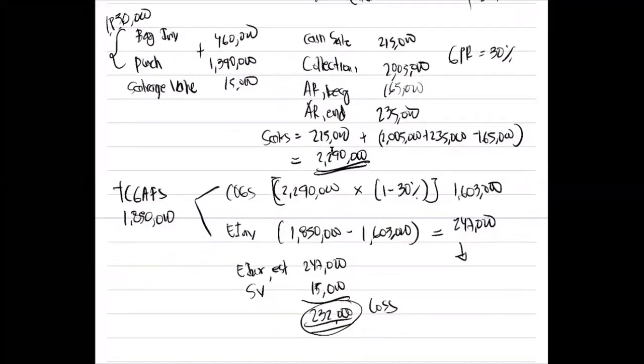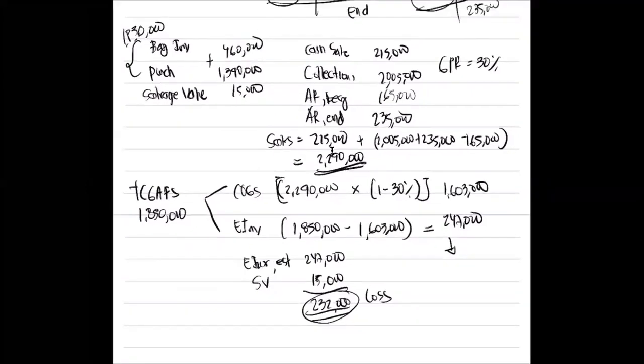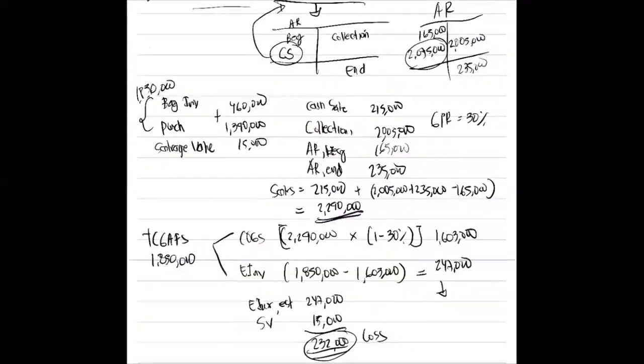Clear? Okay, so in case, guys, that again, you are not given the amount of your sales, you are given the amount of your AR, we can compute for the amount of your sale as equal to your cash sale plus credit sale. And we compute for the total credit sales based on the T account of AR.